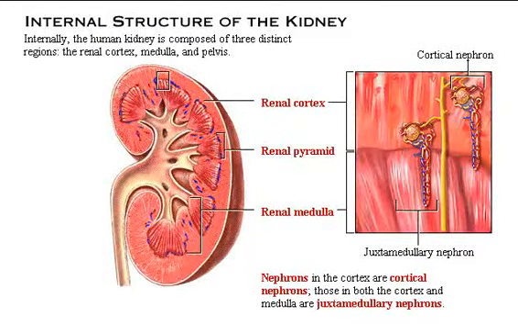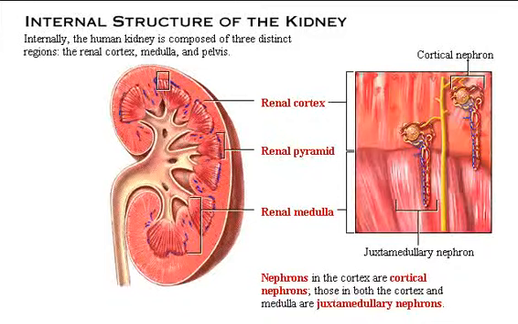I was interrupted for a second there, but what I was saying was the medulla is to the middle of the kidney. Pyramids are parallel bundles of ducts carrying urine from the nephrons.